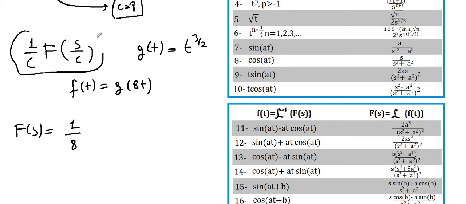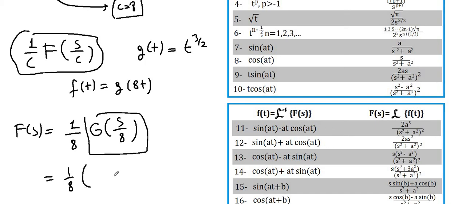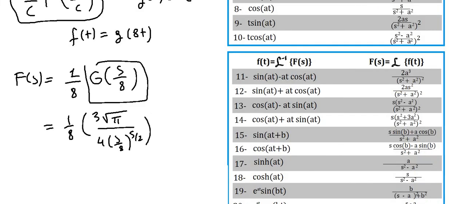We are applying this transformation formula: 1 over 8 times g of s over 8. Now that's going to be 1 over 8 times, we know how to do this part, it's going to be 3 times square root of pi over 4 times (s over 8) to the 5 over 2. So this is the answer.